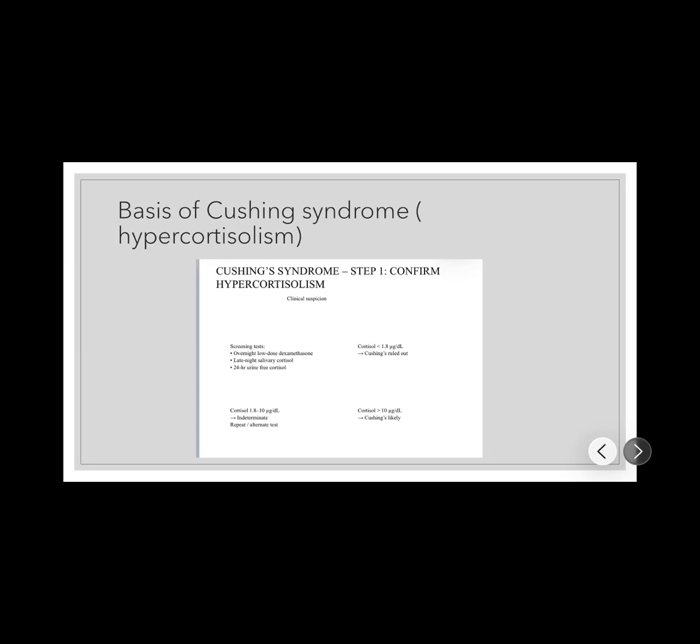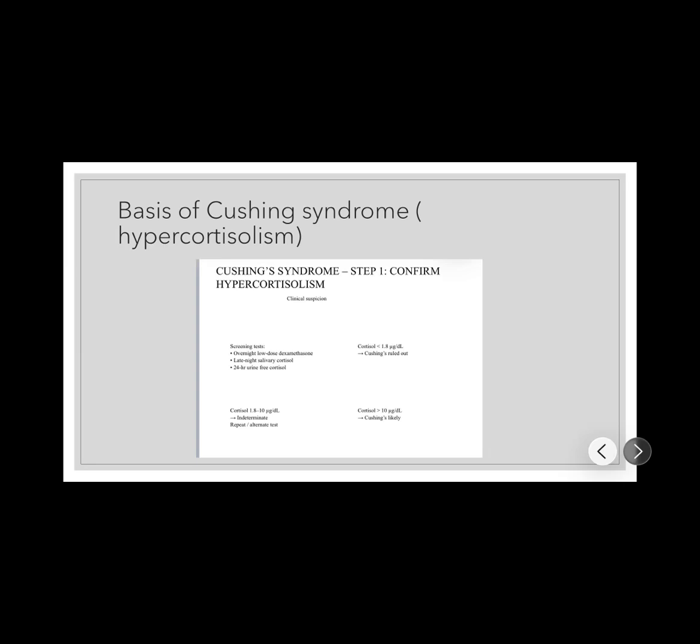Metabolically, there will be alkalosis, okay, hypokalemic alkalosis. So you did the overnight low dose dexamethasone test, and you gave a low dose which is 1 milligram at 11 p.m., and the very next day you are going to withdraw the cortisol level in the morning at 8 a.m.